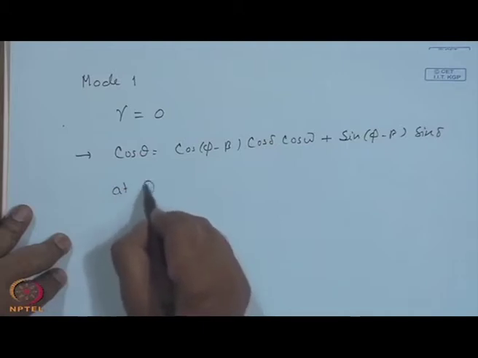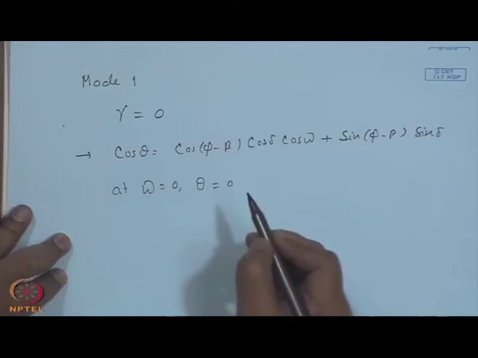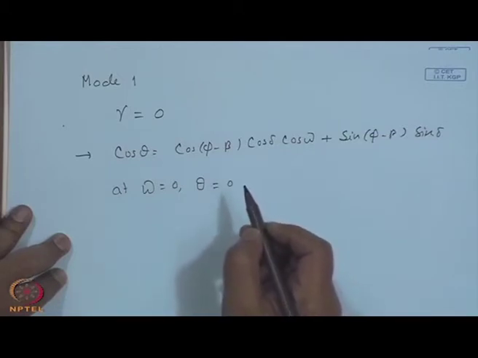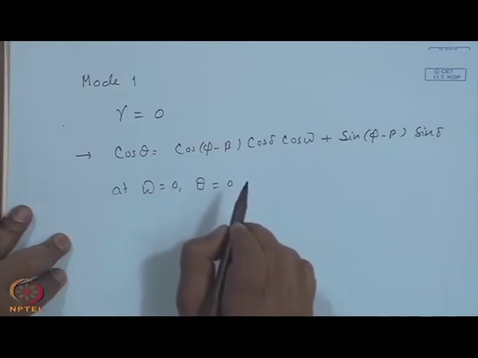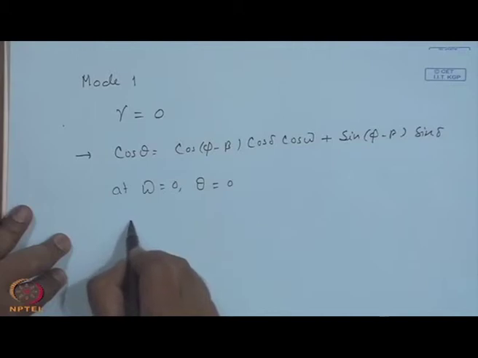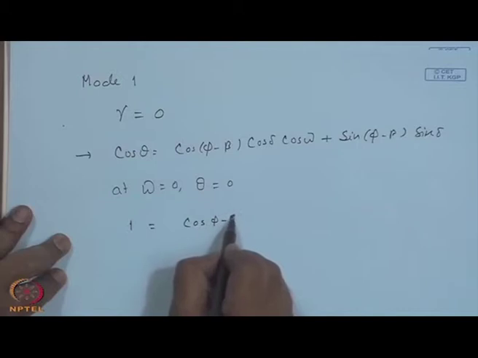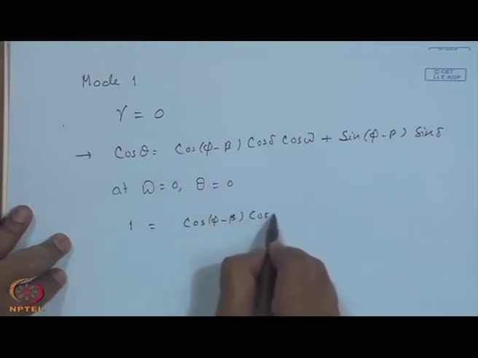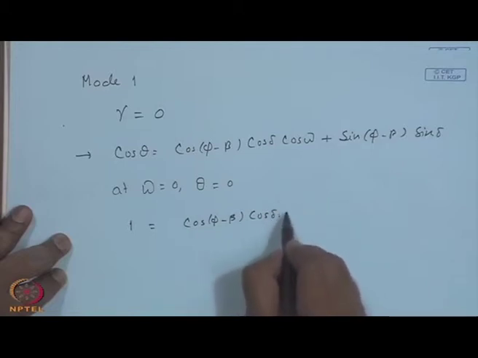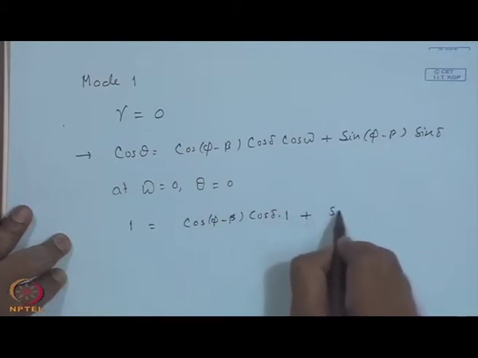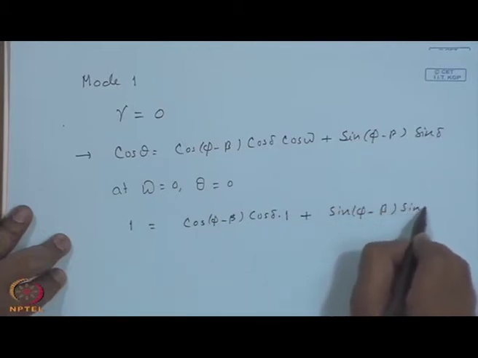At omega equal to 0, theta is equal to 0, right. The sun's rays being normal to the plane means 0 angle between the outer normal to the plane and the sun's rays. This means this should be equal to cos(phi minus beta) cos delta, and cos omega at omega equal to 0 is 1, plus sin(phi minus beta) sin delta.